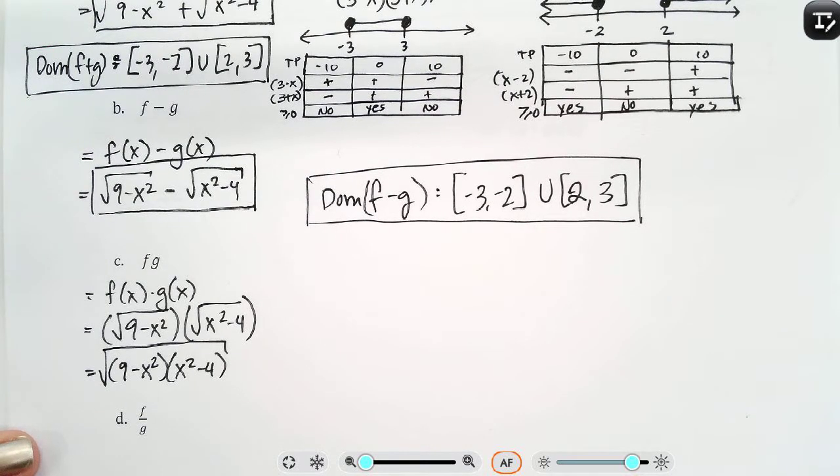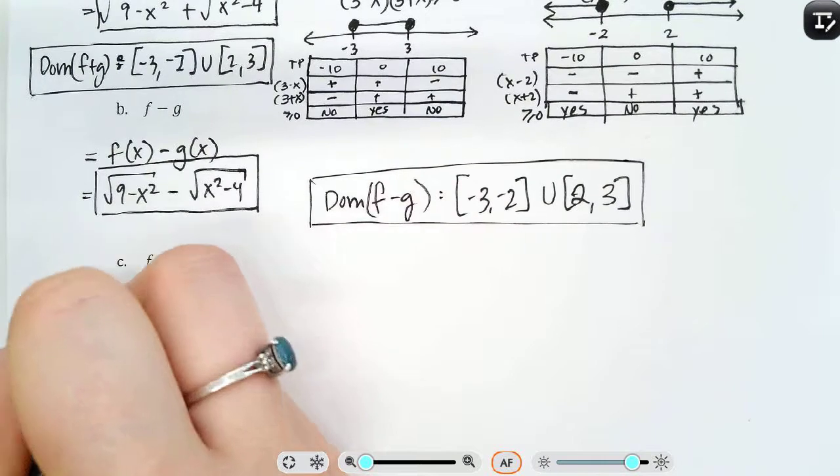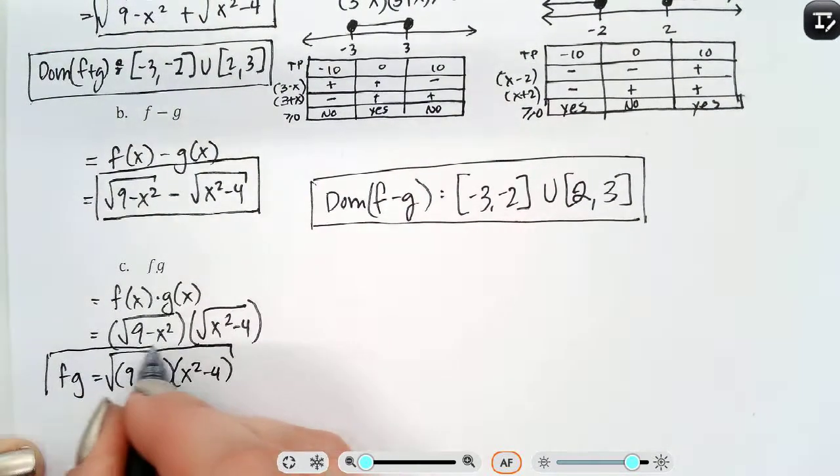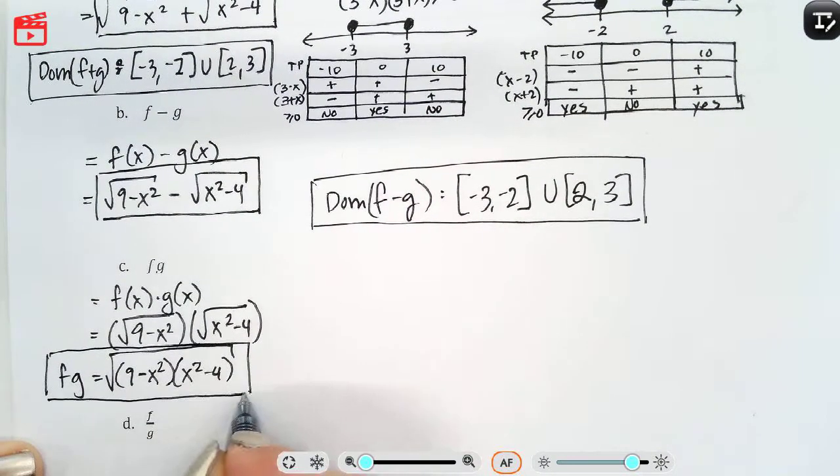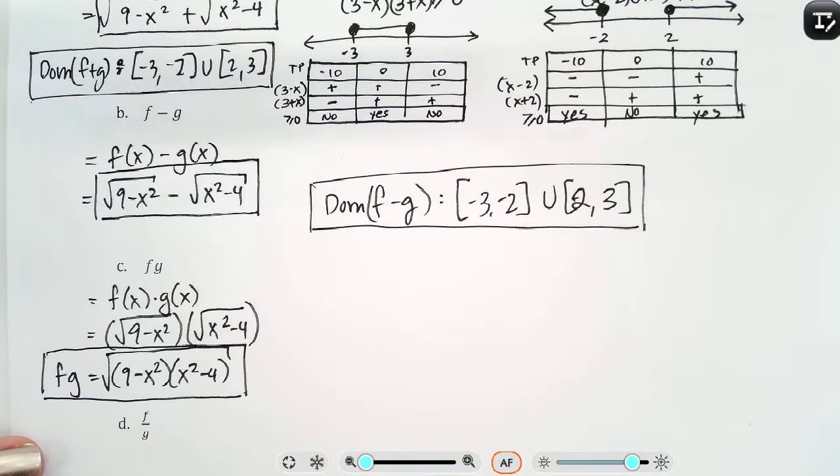All right, so let's see that we can go ahead and find the domain. Okay, so what we know is that this whole quantity under here needs to be greater than or equal to 0.